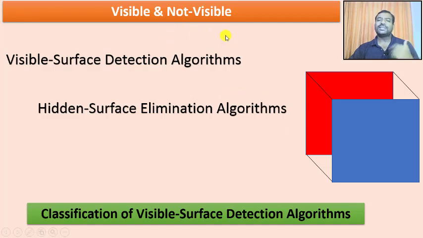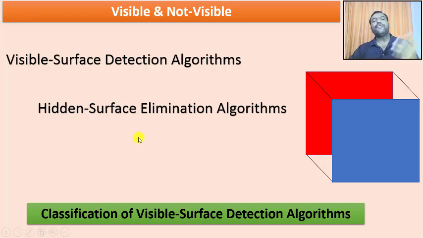And when I want to decide which is visible and not visible, and differentiate an object's visible and not visible faces, we're going to talk about visible surface detection algorithms, or we can even call this hidden surface elimination algorithms. Before talking about elimination, first you should be able to detect which face is hidden and which is visible. Hence you can call this either a visible surface or a hidden surface elimination algorithm.